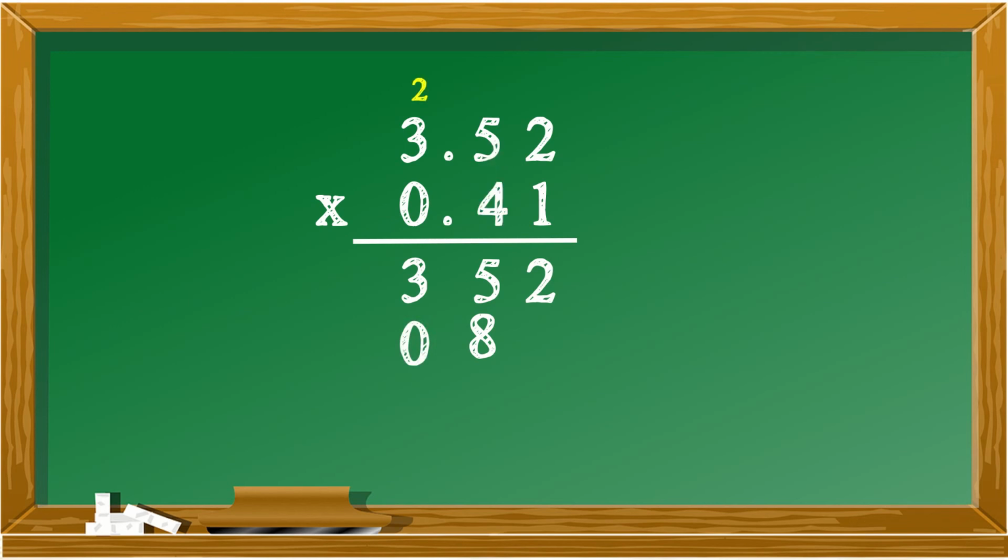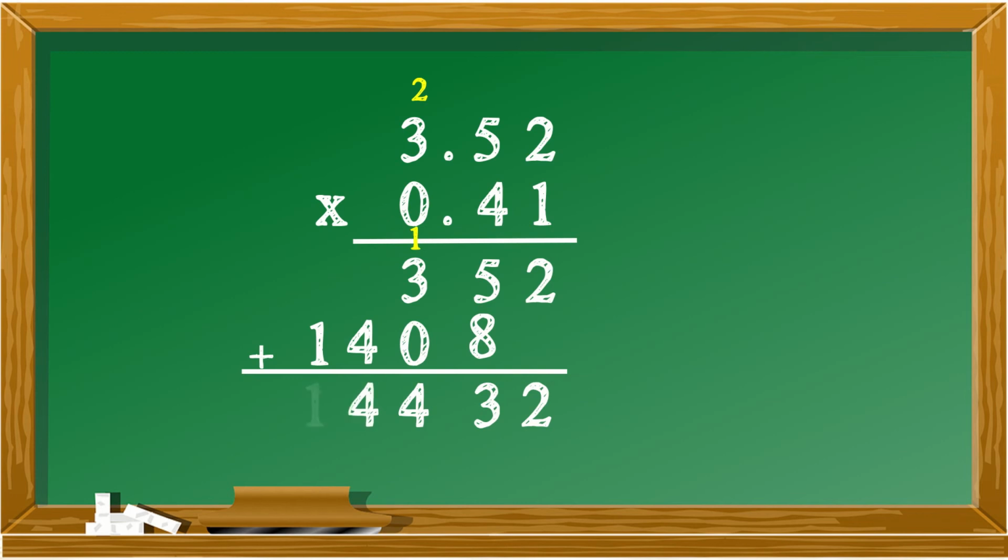And then 4 times 3 is 12. Plus 2 is 14. And then let us add. Bring down 2. And then add 5 plus 8. 13, carry 1. 1 plus 3 plus 0 is 4. And then bring down 4 and 1.